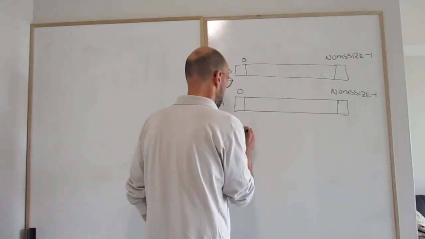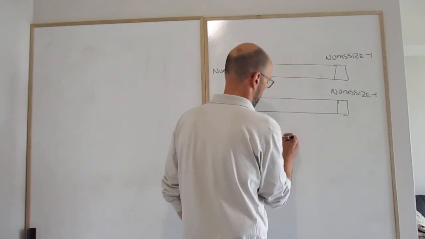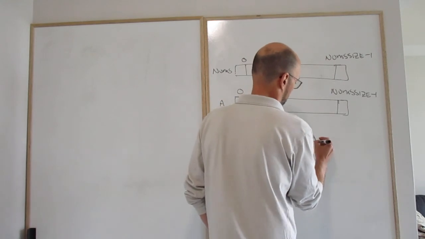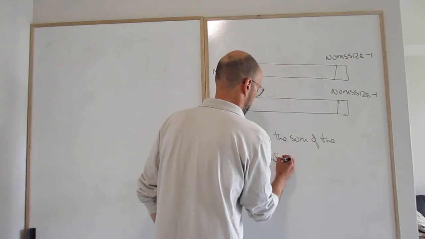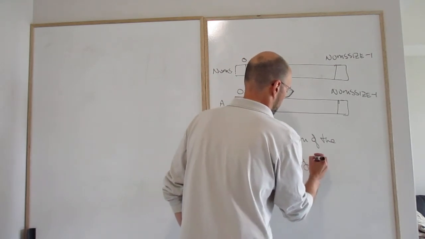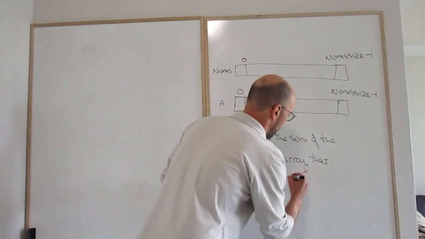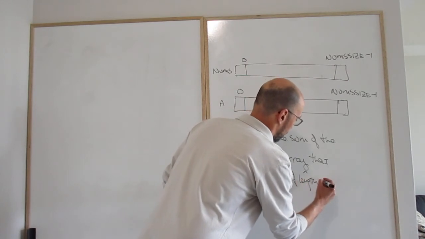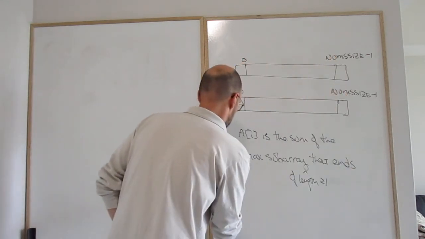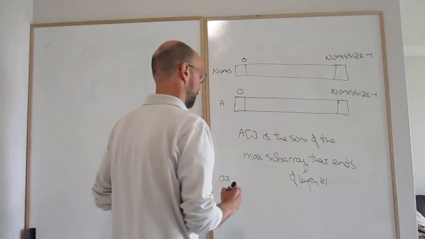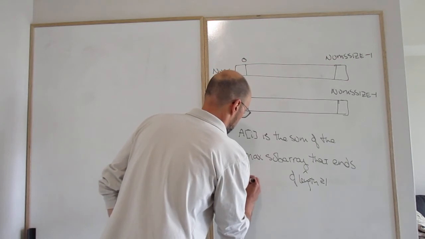And I want it such that A[i] is the sum of the max subarray, of length greater than or equal to 1, that ends at nums[i].